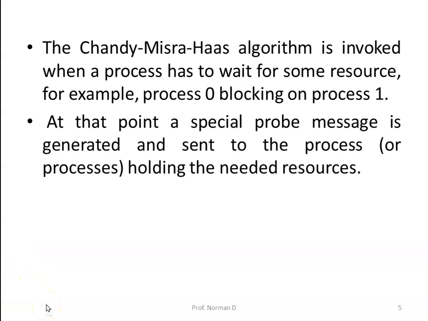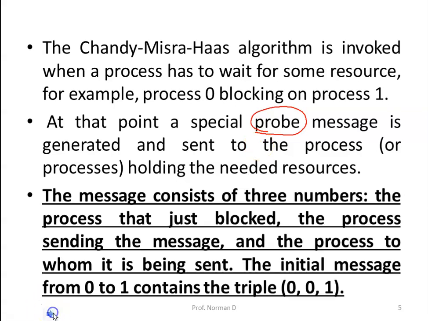Now when this algorithm is invoked, a special message which is called the probe message is generated. And this is sent to the process holding the needed resources. Now this probe message consists of three numbers. Now what are these three numbers?